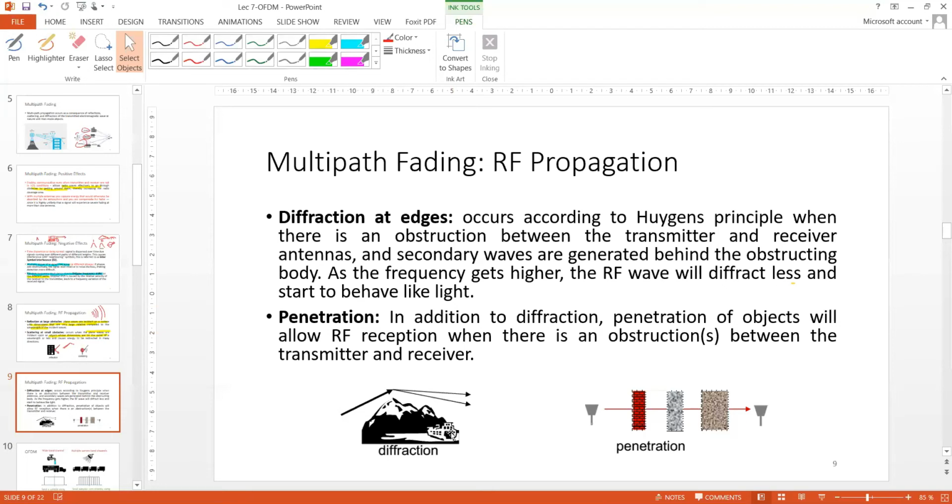Okay, Ji. So that's all about multipath fading. If you have any questions up to this point, you can ask. We have 4 minutes in this session. After that, a new session will start, and we will start our discussion about OFDM.